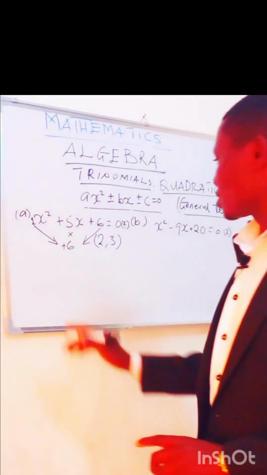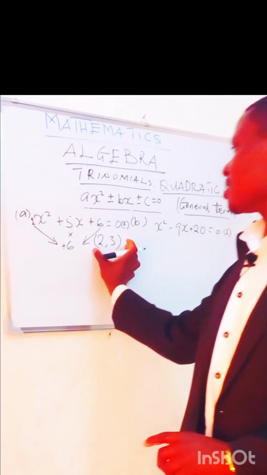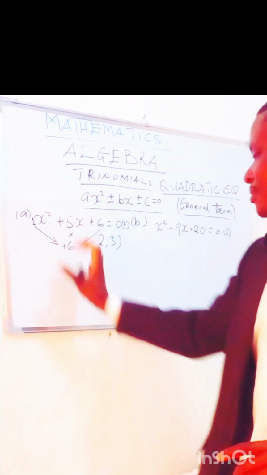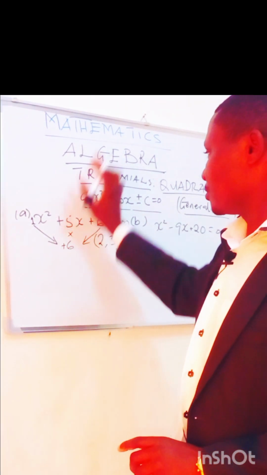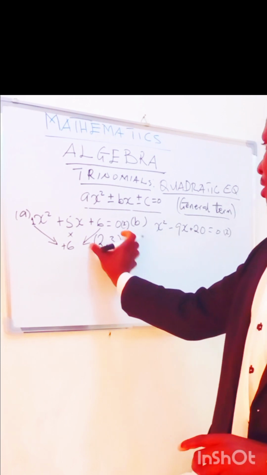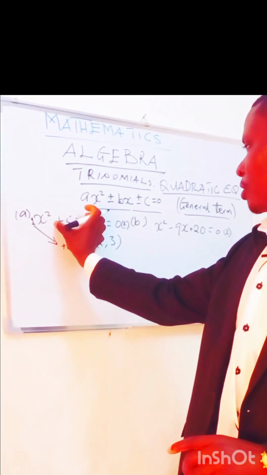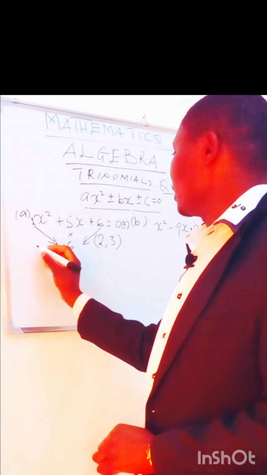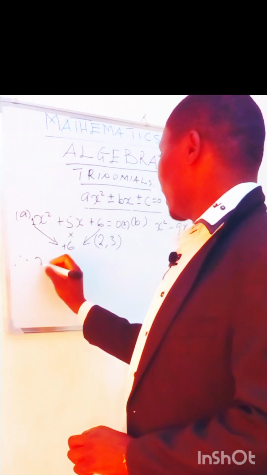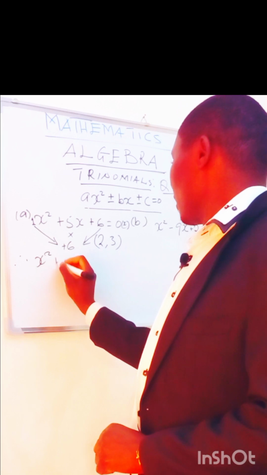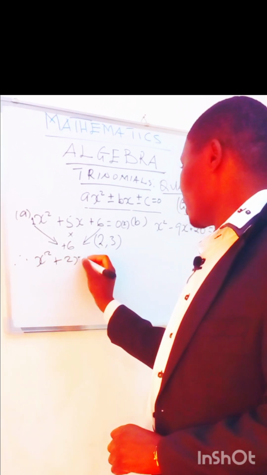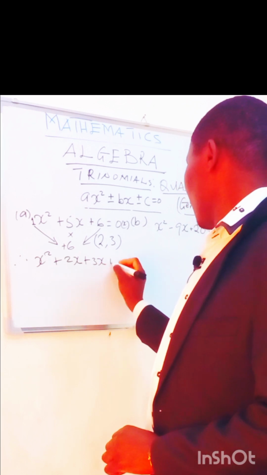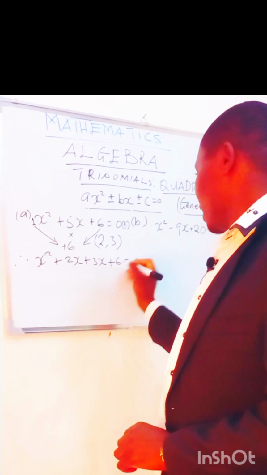We're going to replace these factors where there is plus 5x. So we remove the 5x and put them there. It will therefore be x squared plus 2x plus 3x plus 6 equals to 0.